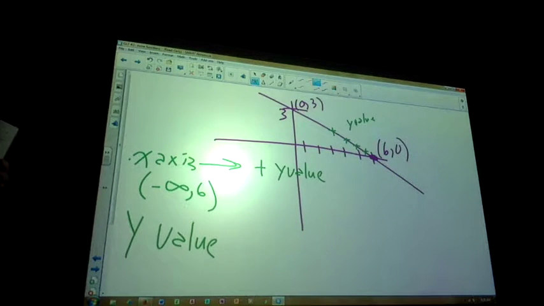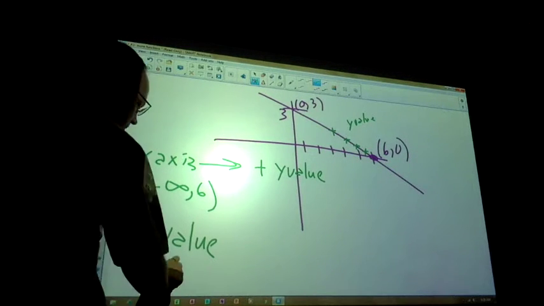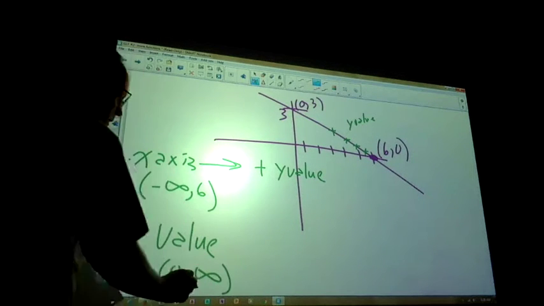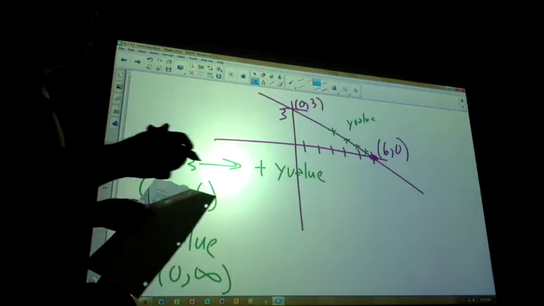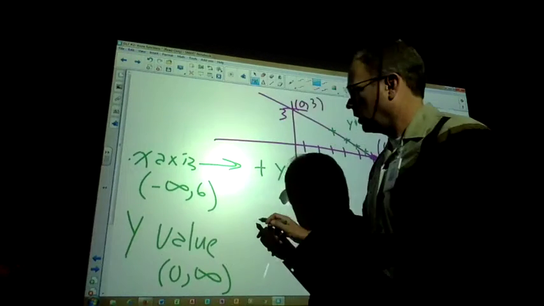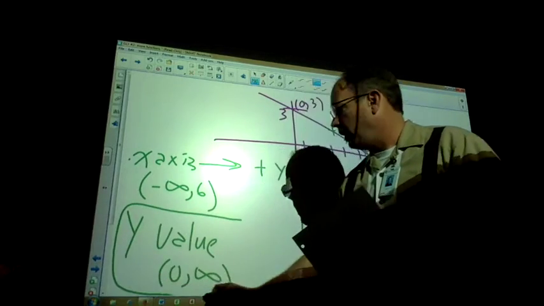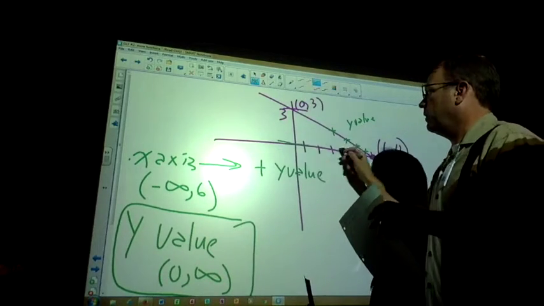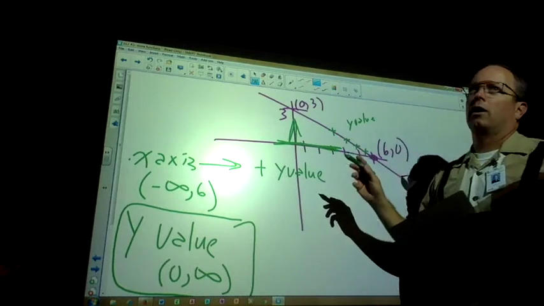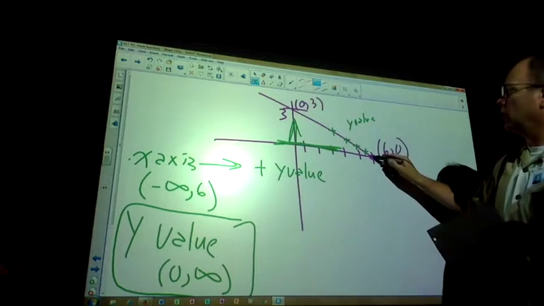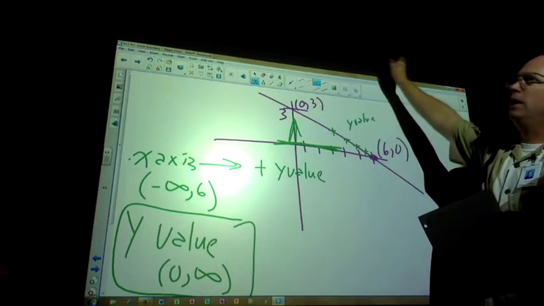To infinity. Oh, 0 to infinity. There you go. So how do we answer it? Give the intervals on the y-axis where the function is positive. The y values, so starting from this line, going upward, our graph is positive. So it's 0 to infinity.